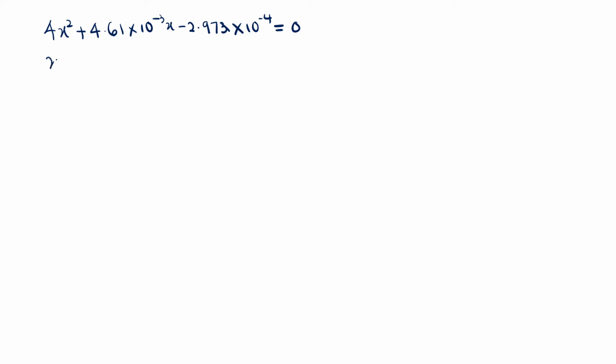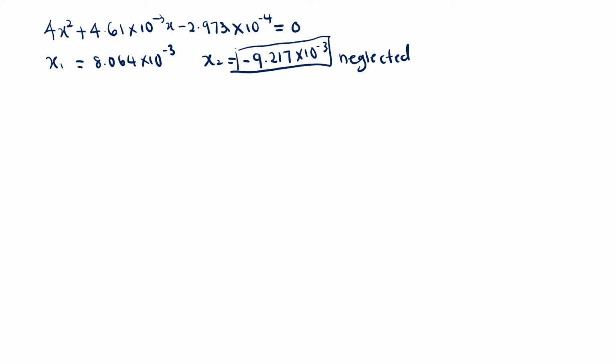Jadi kita selesaikan untuk x1, kita dapat 8.064 exponential negative 3. x2 we got negative 9.217 exponential negative 3. So obviously we neglect this value, kita neglect because dia negative. Then our x ialah this one.